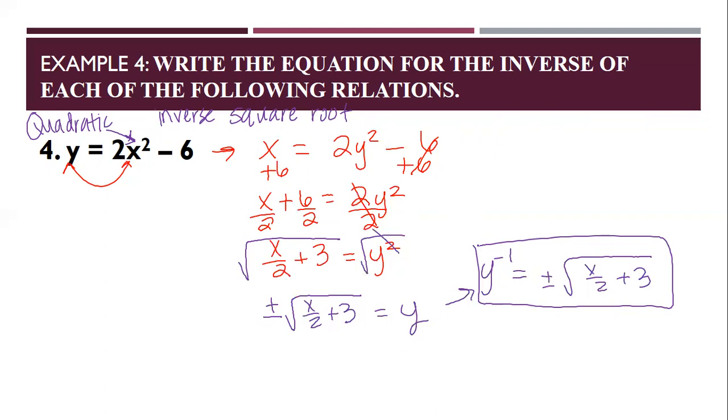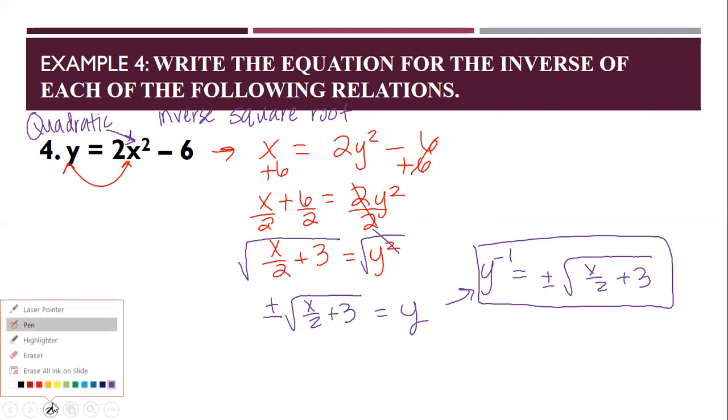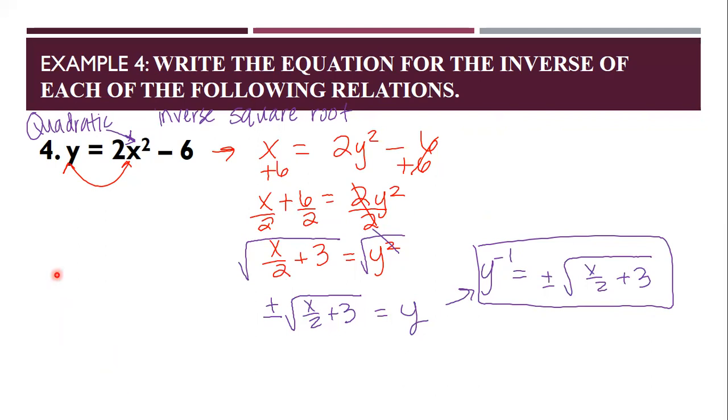All right, so let's recap from this. What we have to do. So we notice that we're no longer dealing with a linear. We're dealing with quadratic. The inverse of a quadratic function is square root. Okay, so keeping that in mind, then we prepared ourselves. We switched our x and y, and we got here.